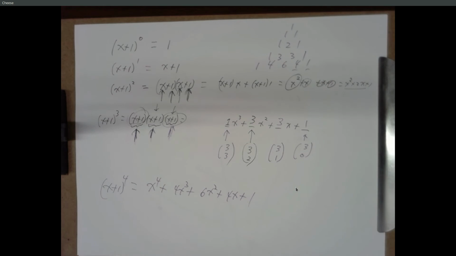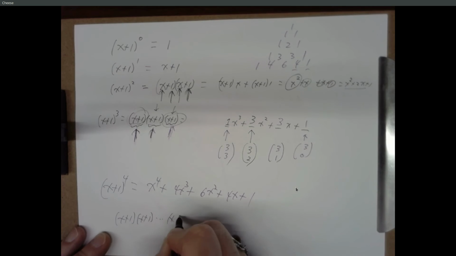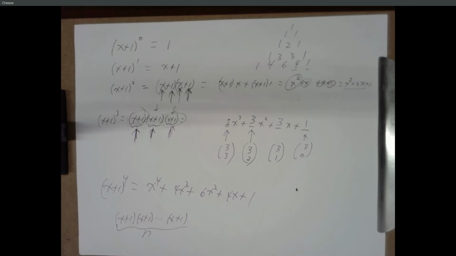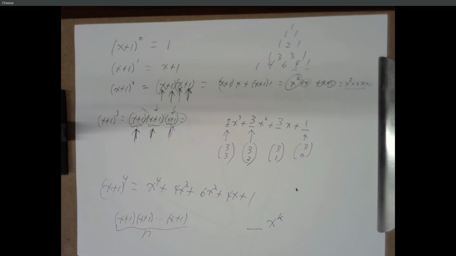And so in general, if you have n of these x plus 1s multiplied together, and we're looking for the coefficient of x to the k, when we take all the pairings of a term from each monomial and multiply them together, the only time that's going to contribute to the coefficient of x to the k is when we've taken k of these monomials and chosen to take the x term, and then we take the 1 term from the others.